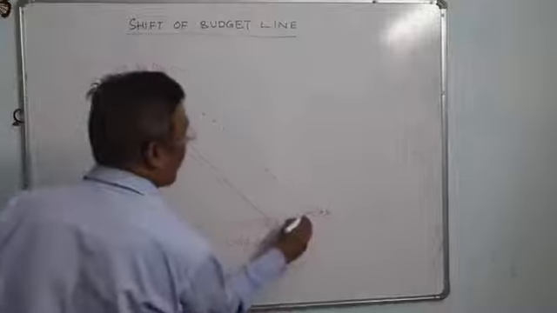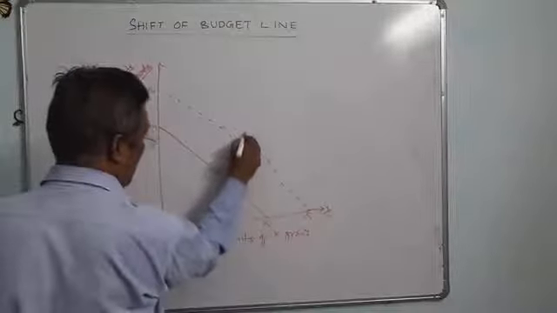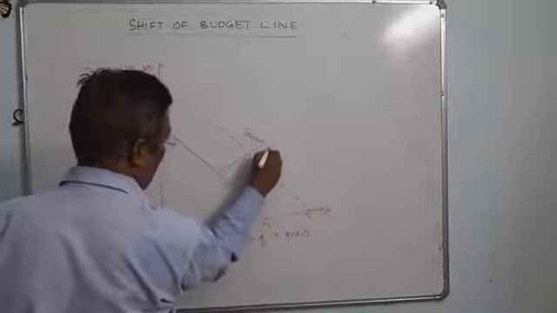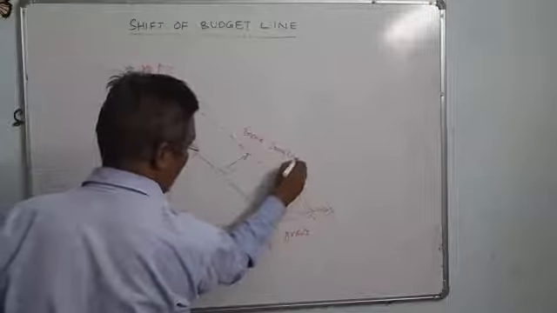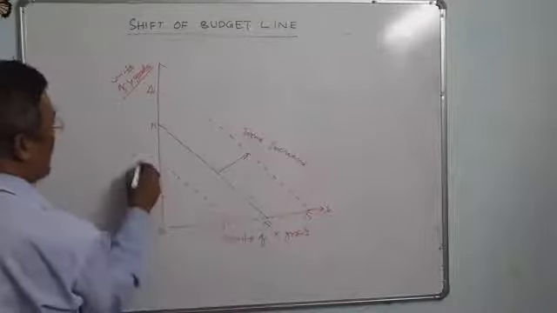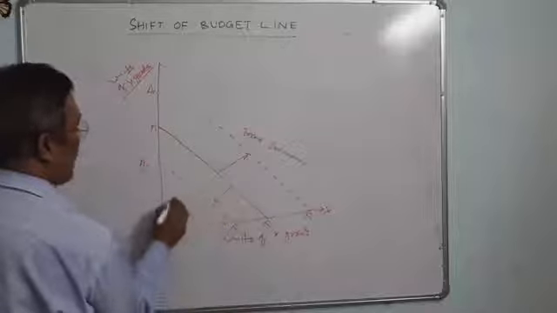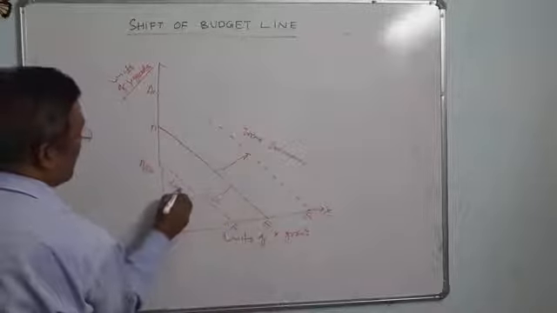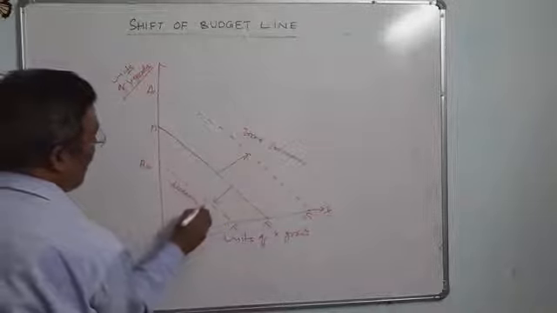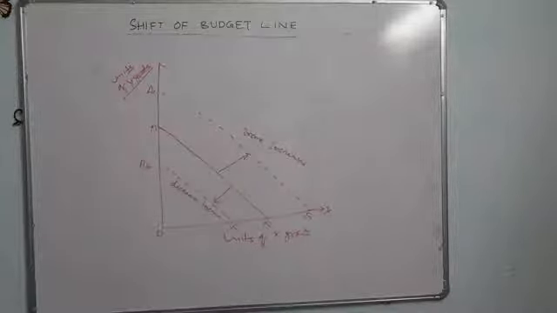A1F1 is an increase in the budget line, meaning income increases. A2F2 is a shift toward the left, meaning income decreases. Clear?